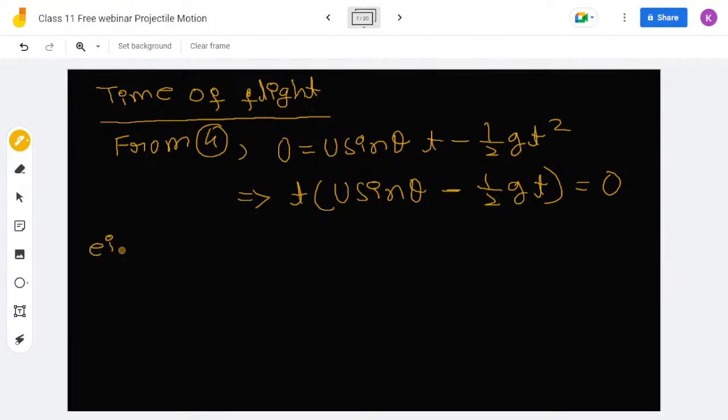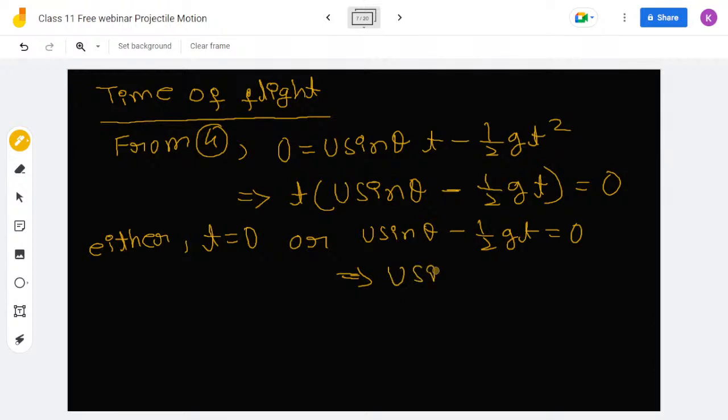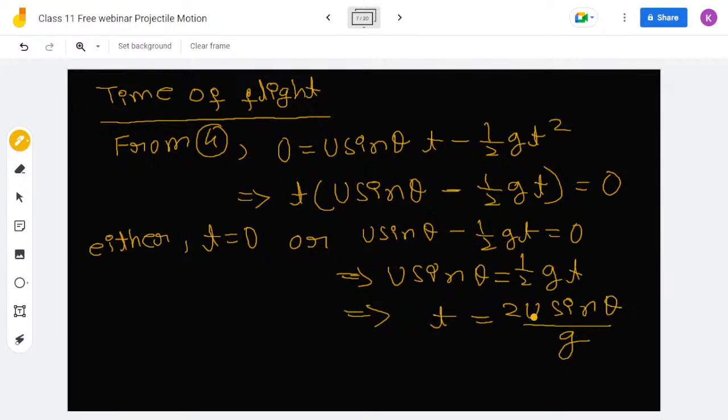We get either t equal to 0 or u sin theta minus half gt equal to 0. That gives us u sin theta equal to half gt, that gives us t equal to 2u sin theta by g.